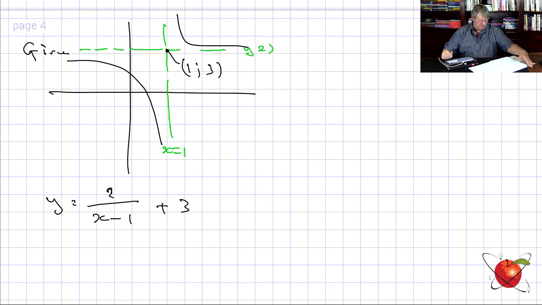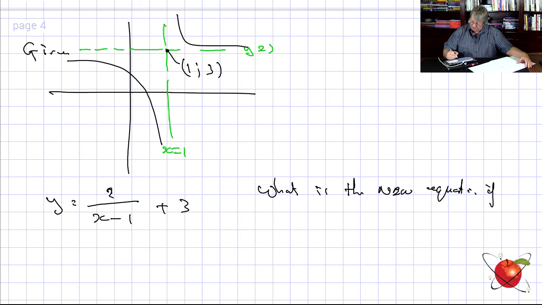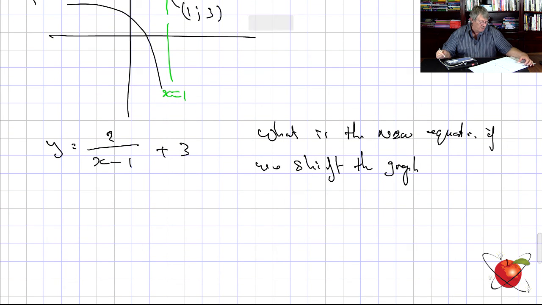They want to know, what is the new equation if we shift or move the graph? Let's have a look. 8 down and 5 left.